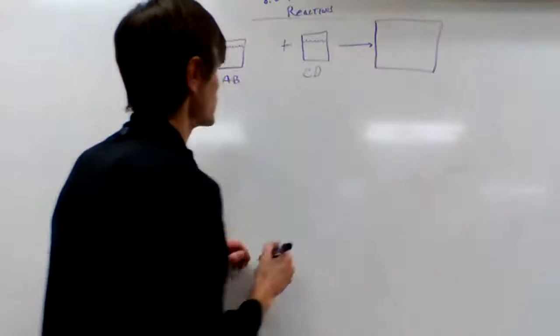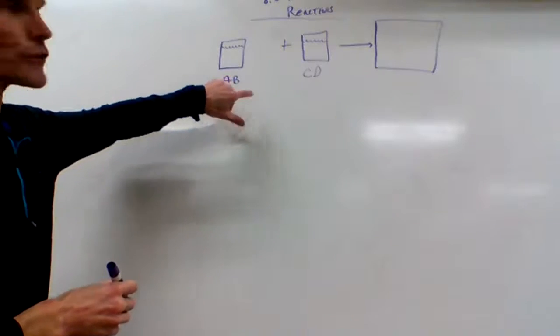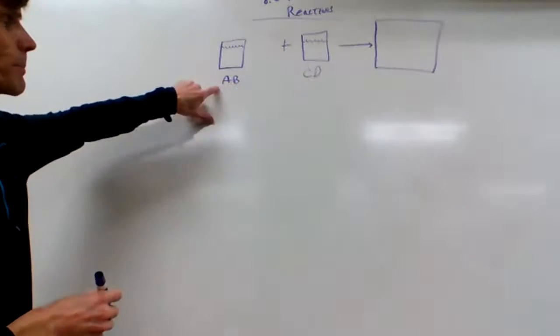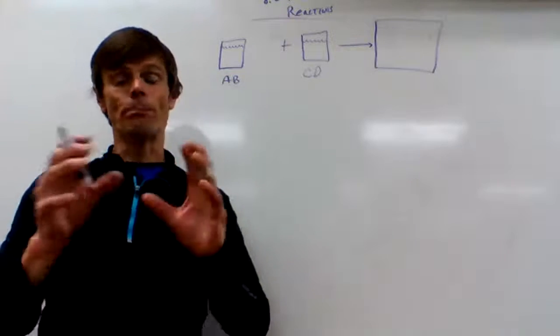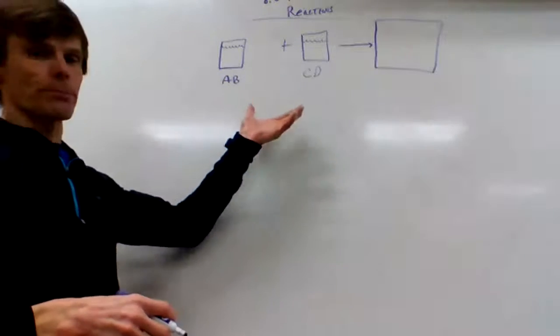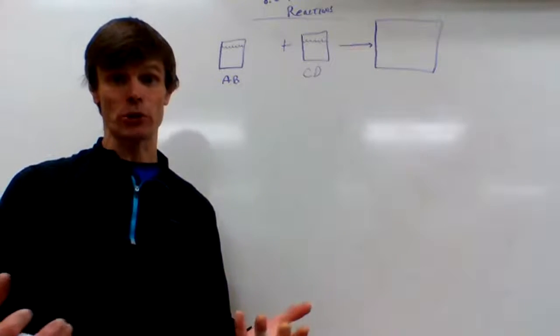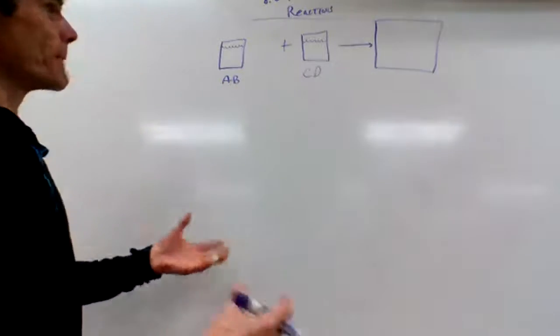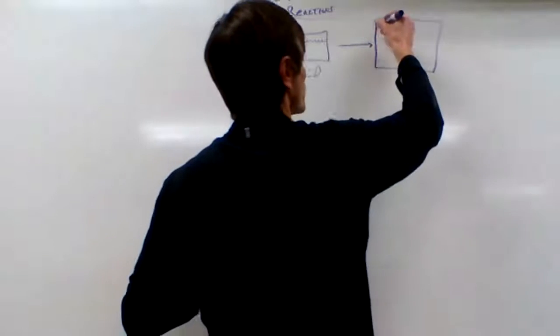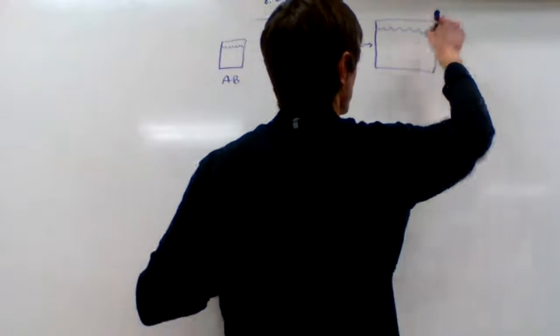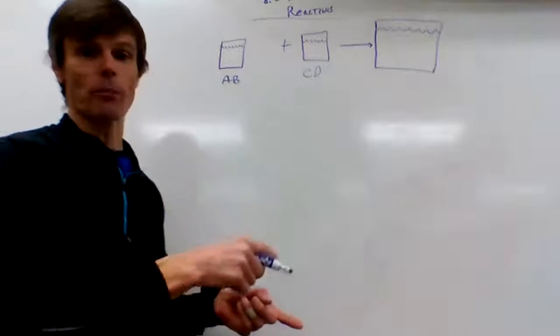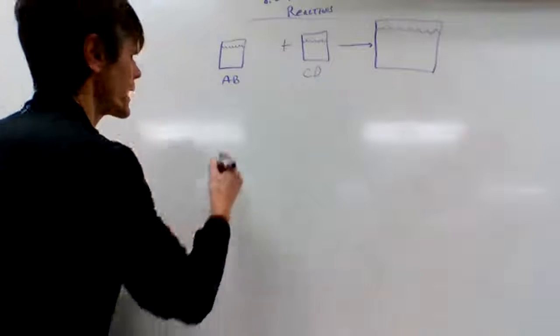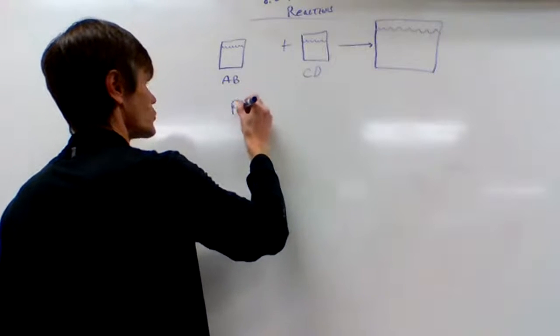What we need to mention about this first case is that A and B and C and D are soluble. They're completely dissolved ions in solution. We're going to recombine these two solutions, make one big one, and exchange partners. This is the idea behind a partner exchange reaction.